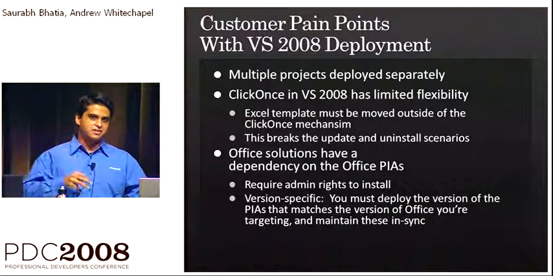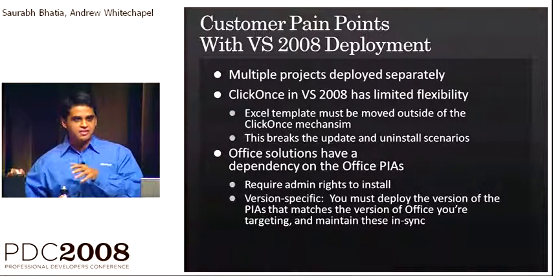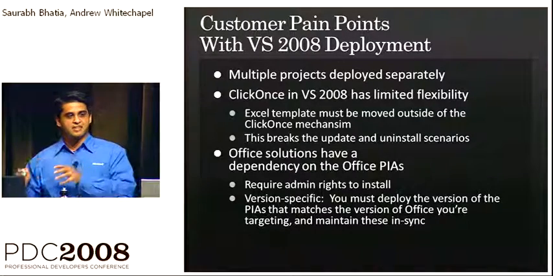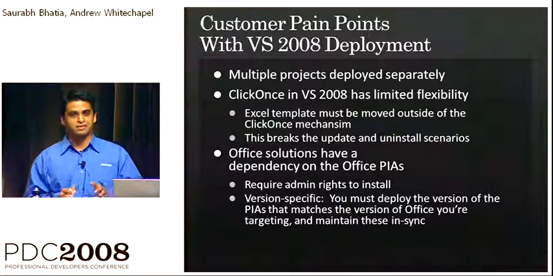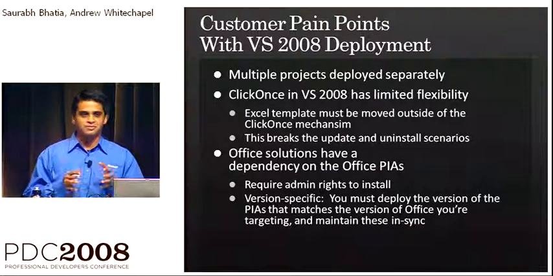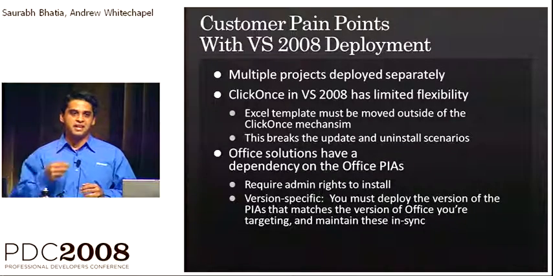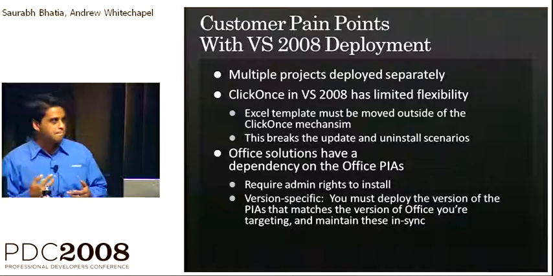If you know that the end user is going to have Office 2007, then you need to deploy the primary interop assemblies for Office 2007. If they're going to have Office 2003, then you need to deploy the primary interop assemblies for Office 2003. So you need to know exactly which version of Office end users have before you can deploy these assemblies. So it's kind of a messy thing.